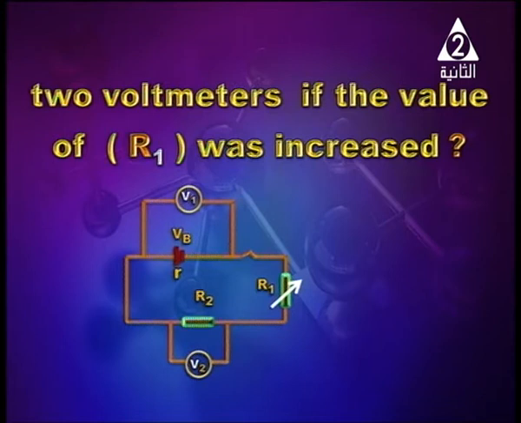So V1 increases. And what about V2? V2 depends on the current because it is calculated by the product of the current and R2. R2 is constant. So what happened to the current? Yes, it decreased, so V2 decreases.